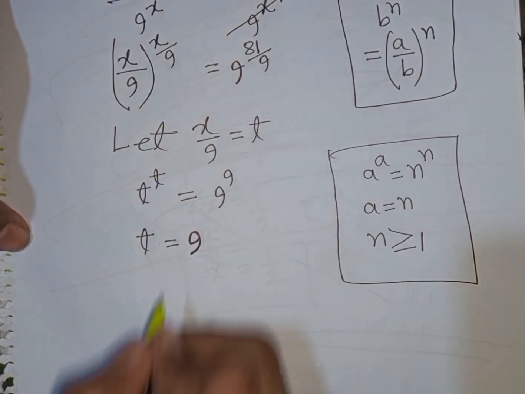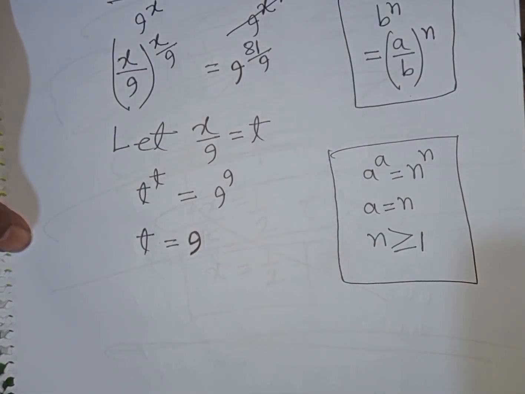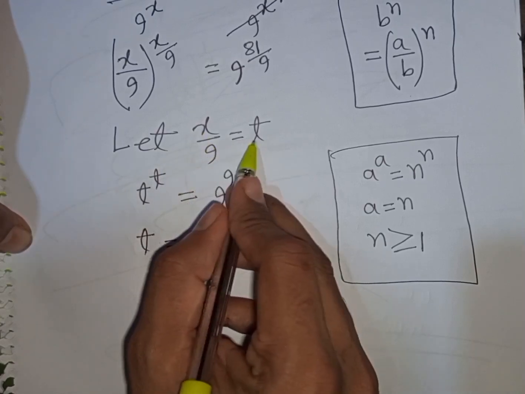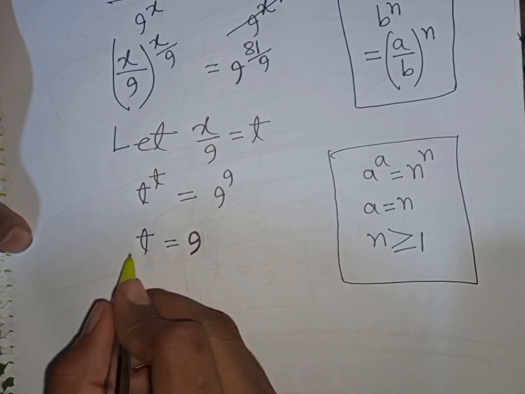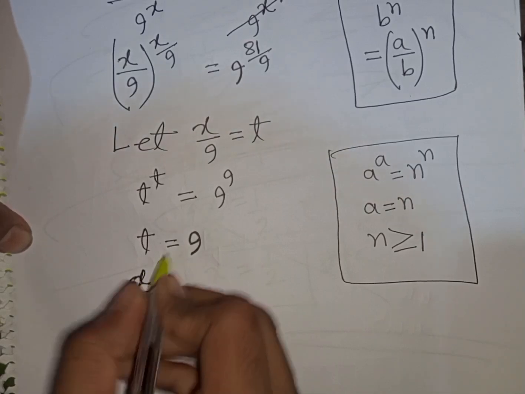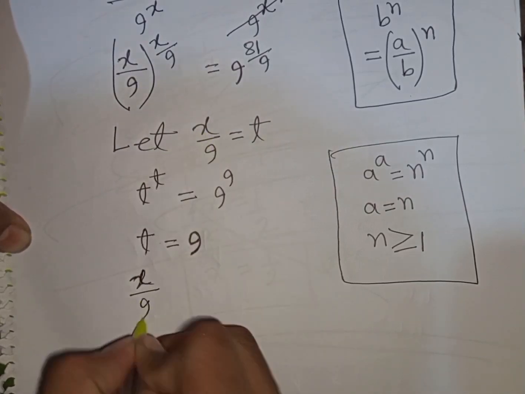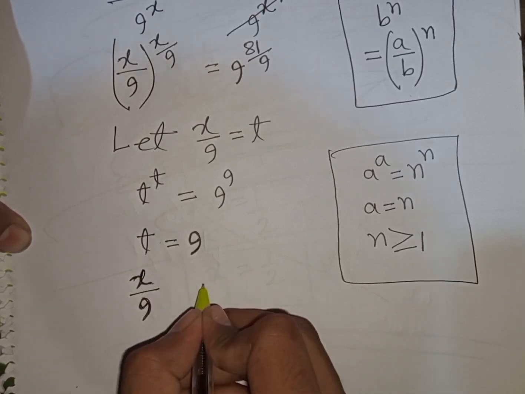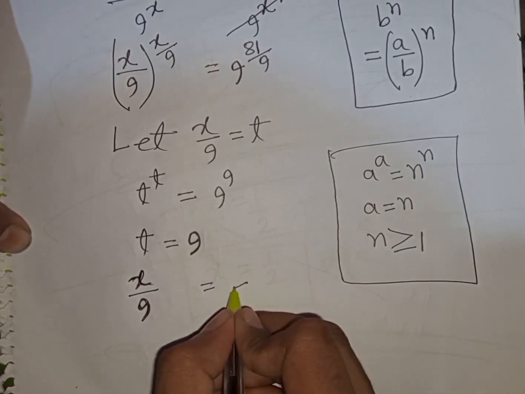Now remember that x over 9 is substituted by t. So t, that means it will be x over 9, then is equal to 9.